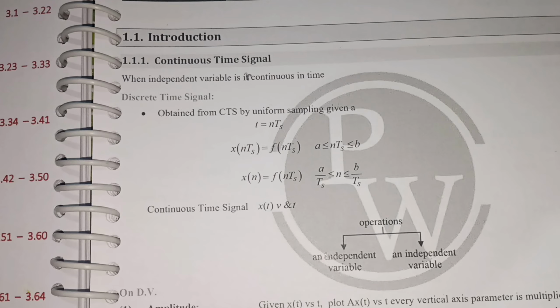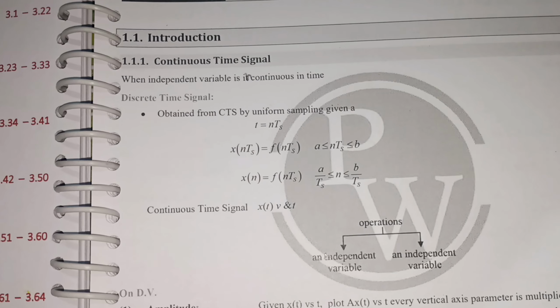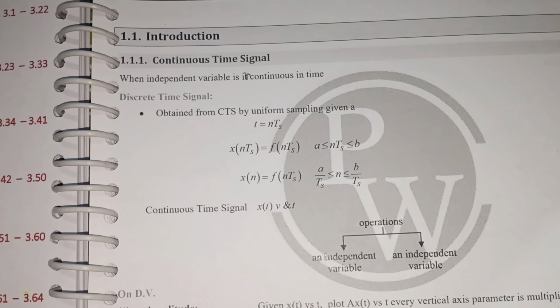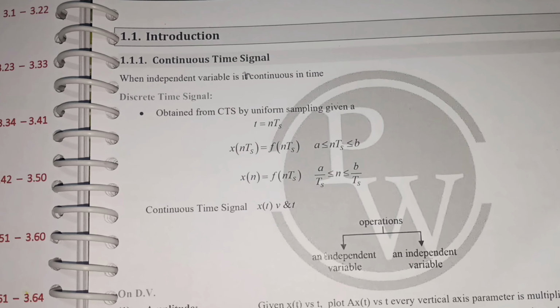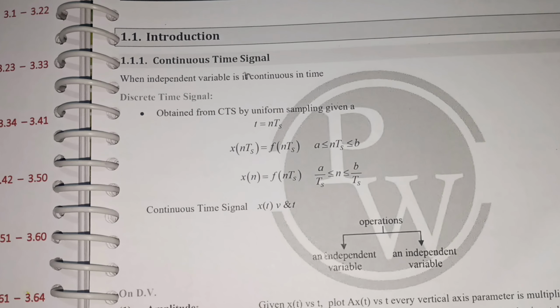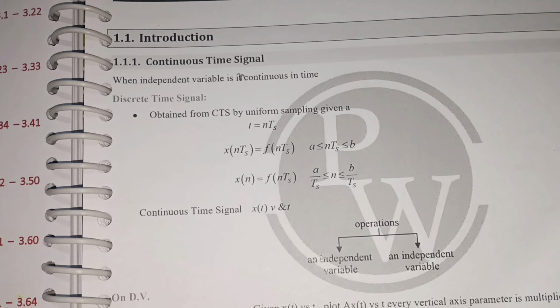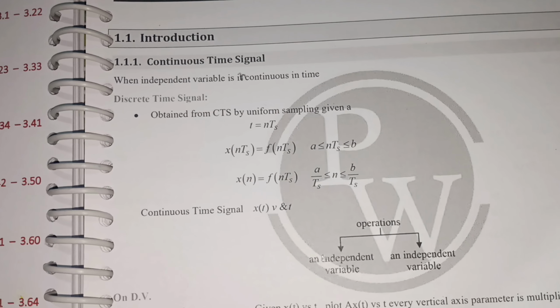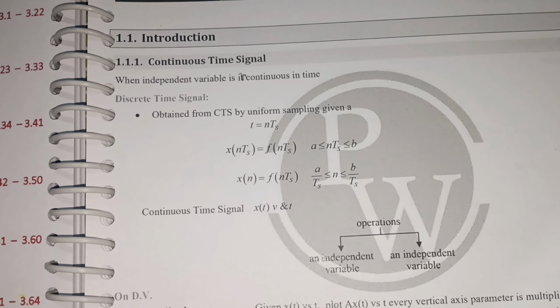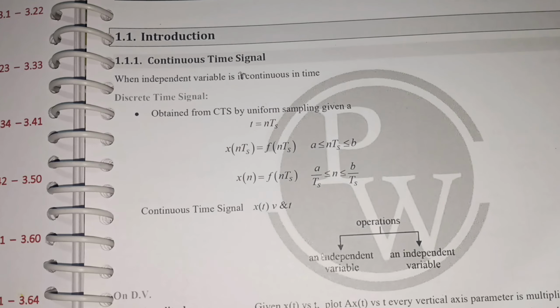Continuous time signal is represented in short form as CTS. So it is obtained from continuous time signal by uniform sampling. I will explain you about sampling in the next chapters. Till then, understand this and go through examples.